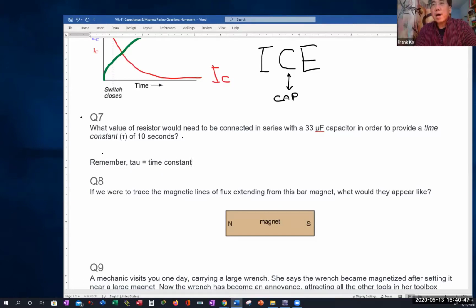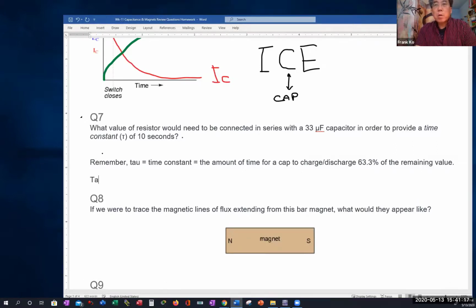Okay, so tau is the time constant, and that's equal to the amount of time for a cap to charge or discharge 63.2% of the remaining value.